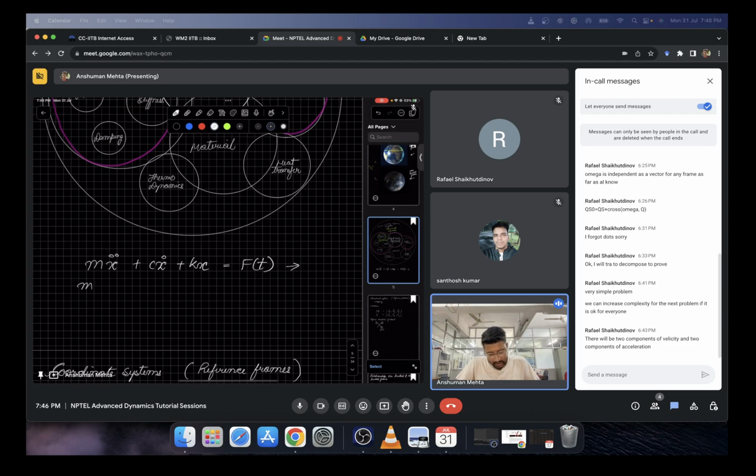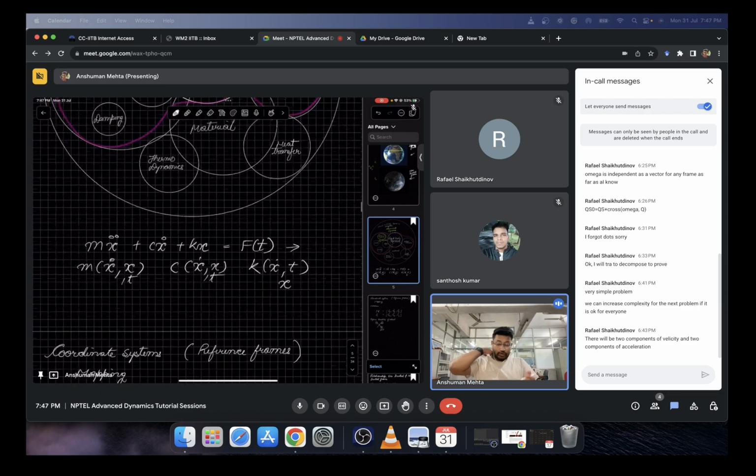But actually this m can be like this, c can be like this, k can be like this, and upon that it can be autonomous also. So we have a lot of different cases, and finding the solution of it is another task.